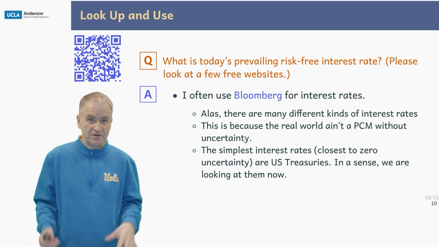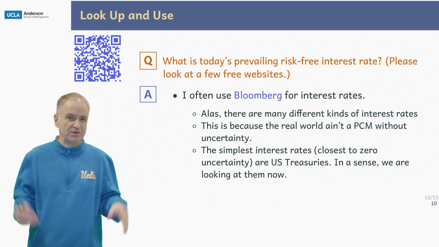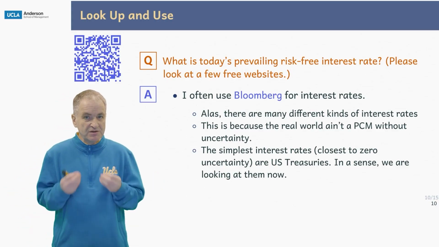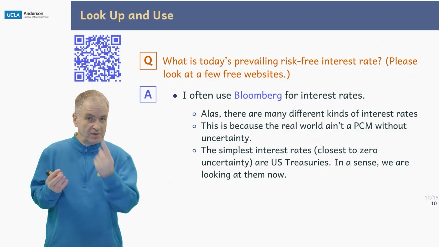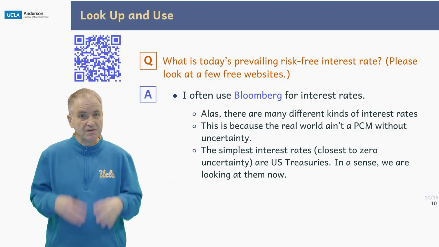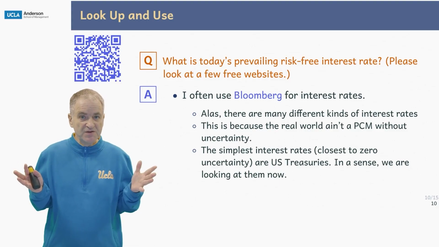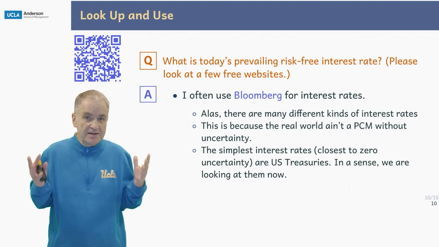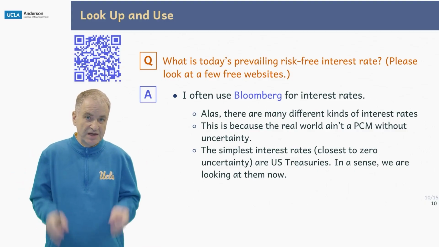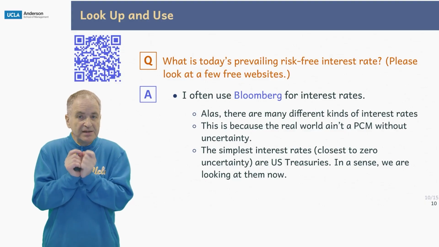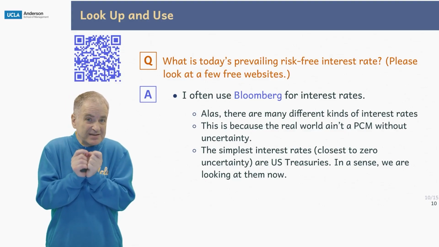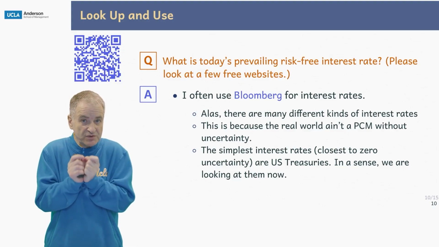They have many different kinds of interest rates. This is because the real world isn't a perfect capital market without uncertainty, where there's just one interest rate. The simplest ones are typically close to the US Treasury. They are the ones closest to having no uncertainty whatsoever. In this sense, we're really discussing those treasuries right now.